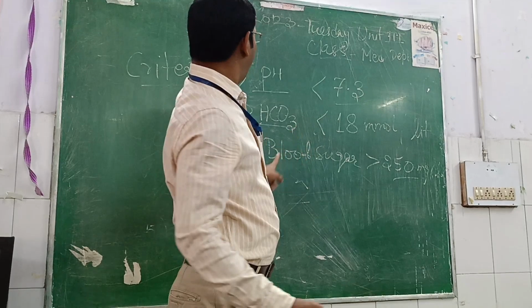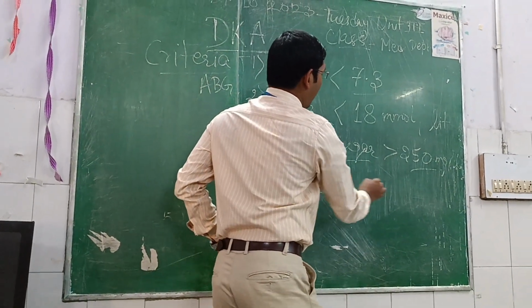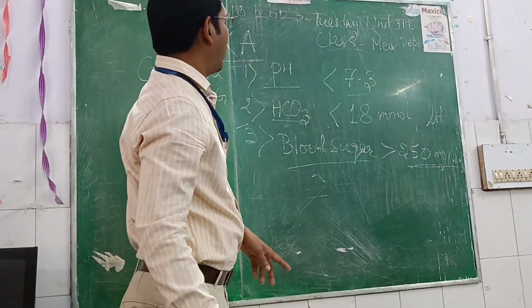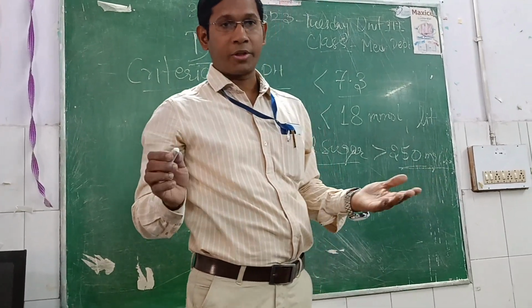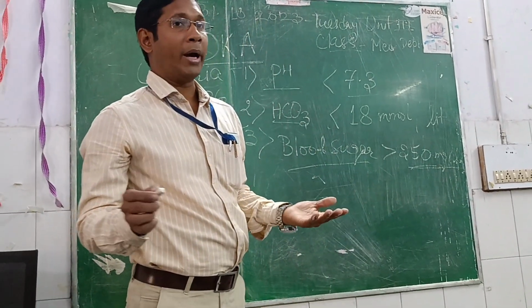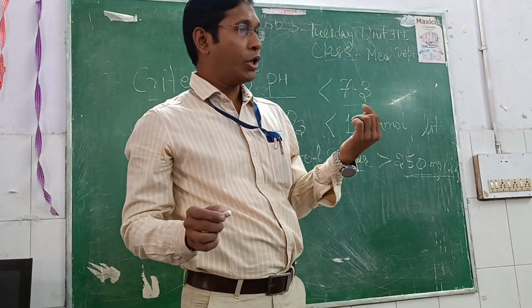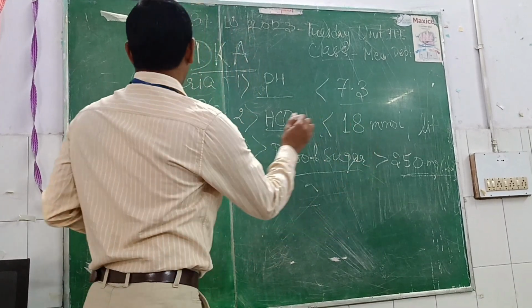And whenever you find in emergency a patient having blood sugar more than 250 milligram per deciliter, how will you suspect that this patient might be having diabetic ketoacidosis? So there will be some symptomatology also.